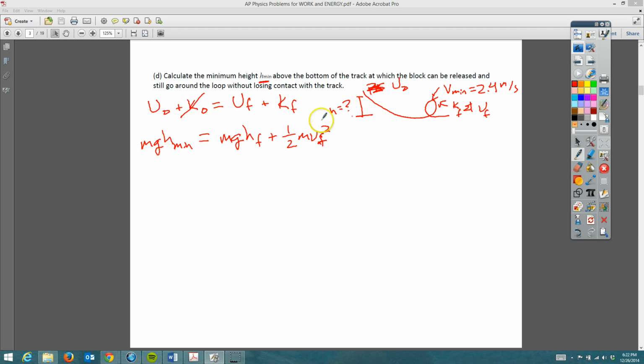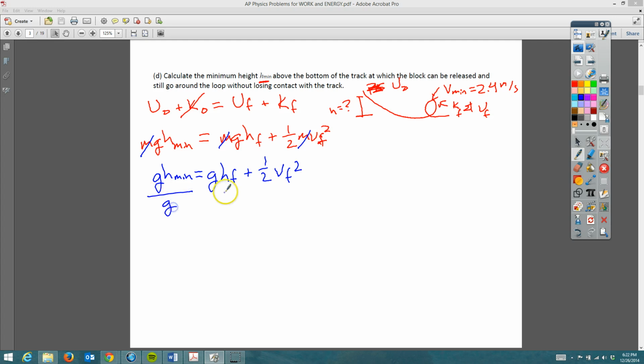At this point, we can cross off all of our m's because mass won't matter. We're left with g times the minimum height equal to g times the final height plus 1/2 of vf squared. We're looking for this minimum height, so we divide both sides by g.